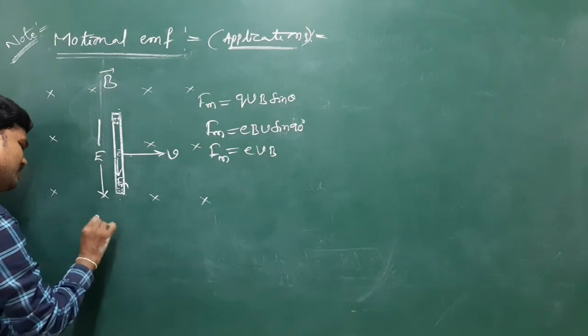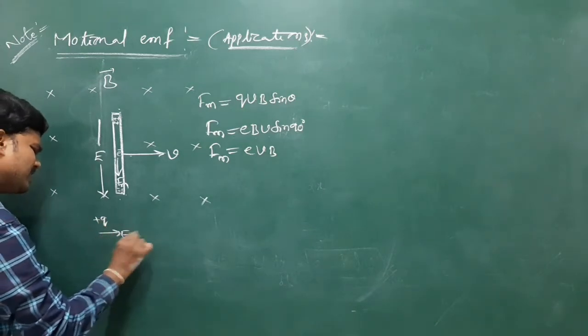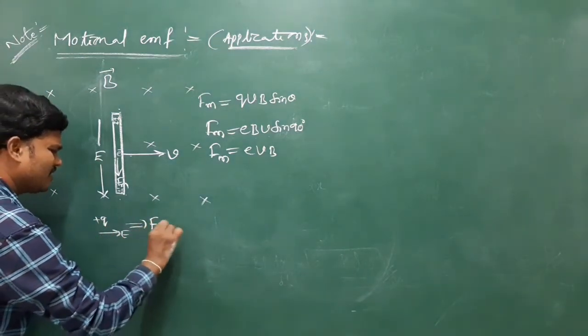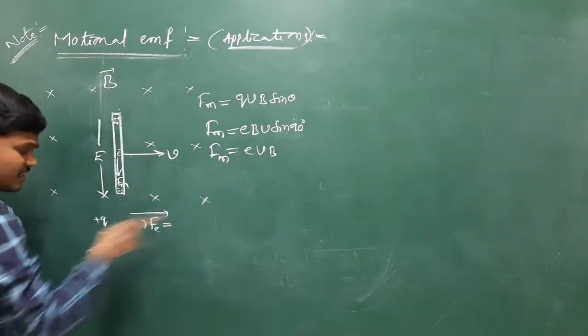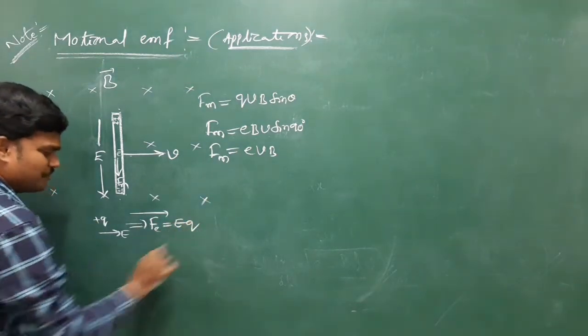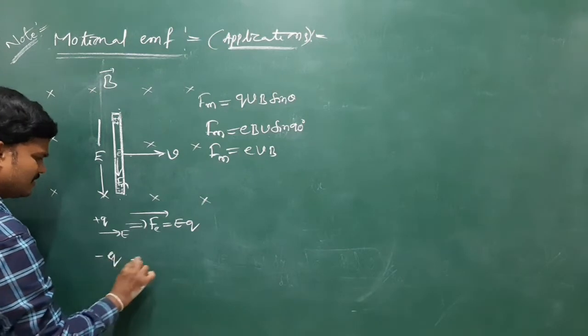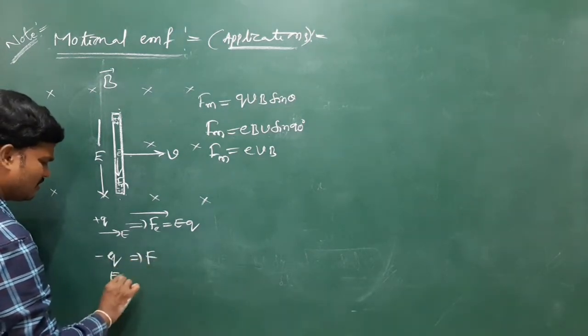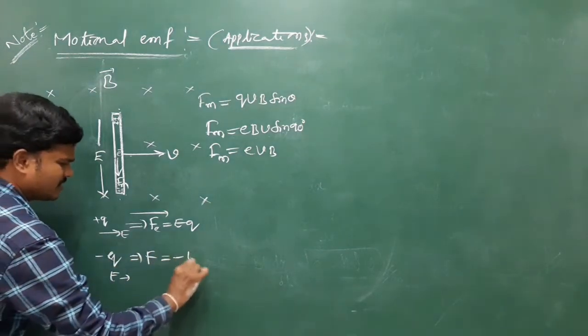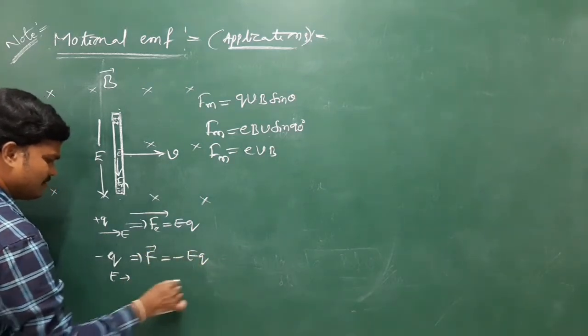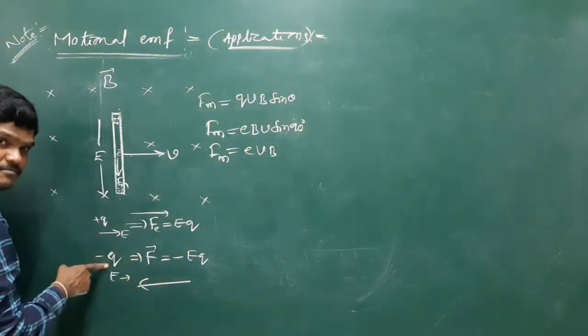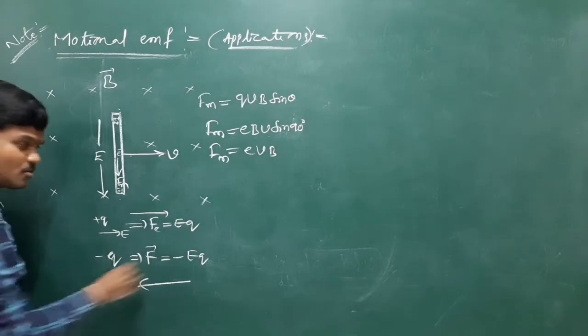So tell me the direction of the electrical force on this electron. If it is a positive charge, if the electric field is applied like this, then the force acting on it is along the direction of the field, that is equal to EQ. If it is a negative charge, then the force acting on the electron is minus EQ. That means the force is opposite to the field. You know these rules in electrostatics.